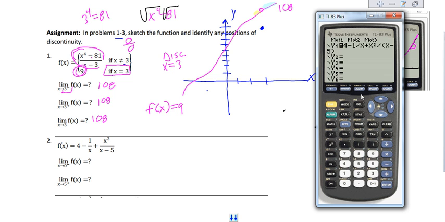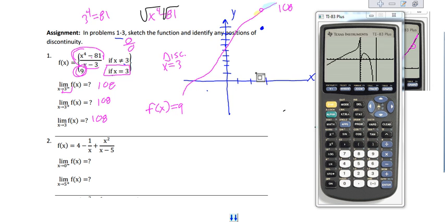Let's always start off with a zoom 6, and that gives us a little bit of an understanding of what's going on. This is a pretty crazy looking graph. So let's take a look at this.